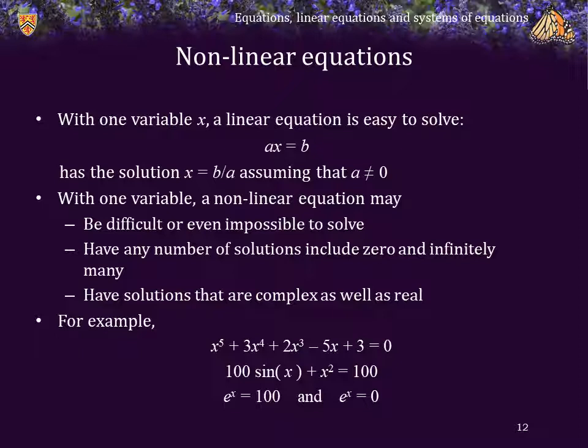Now, e to the x equaling 100 has one solution if you allow x to be real, but it has countably many solutions if you allow x to be complex. Specifically, you will be adding multiples of 2 pi j onto the solution. However, e to the x equaling 0 has no solutions regardless as to whether or not you allow x to be real or also allow it to be complex.